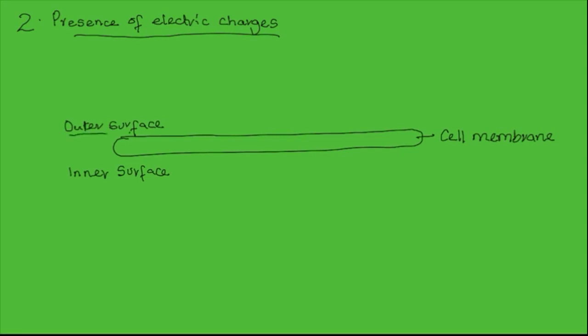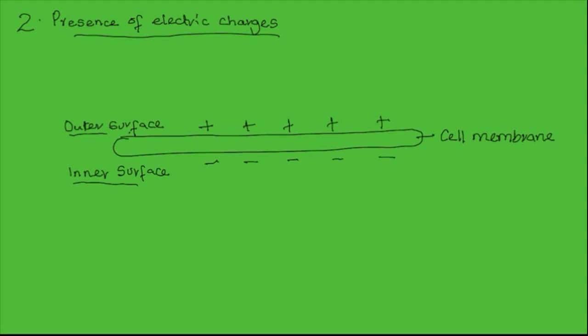So the positive charges are spread over the outer surface, while the inner surface of the cell membrane has a negative charge. So the negative charges will be spread over the inner surface of the cell membrane.